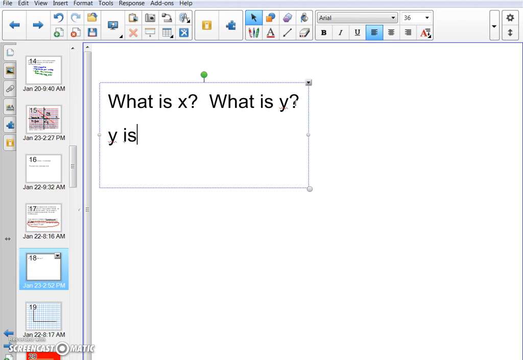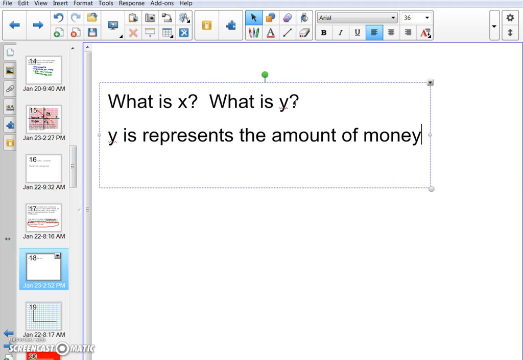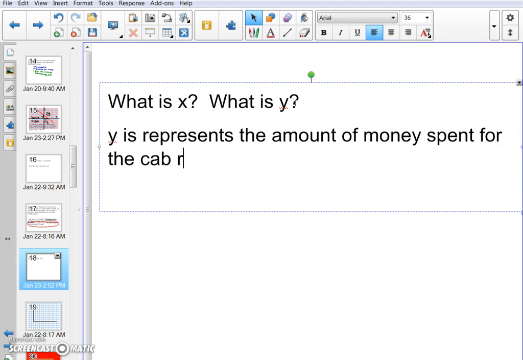I'm going to say y represents the amount of money spent for the cab ride.